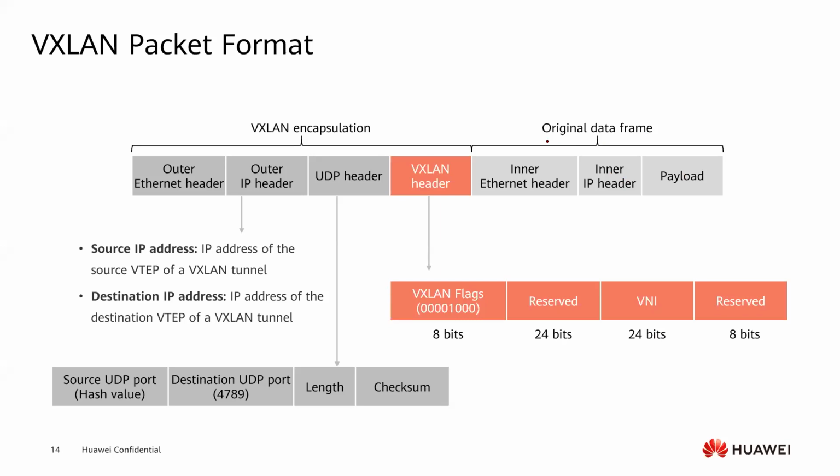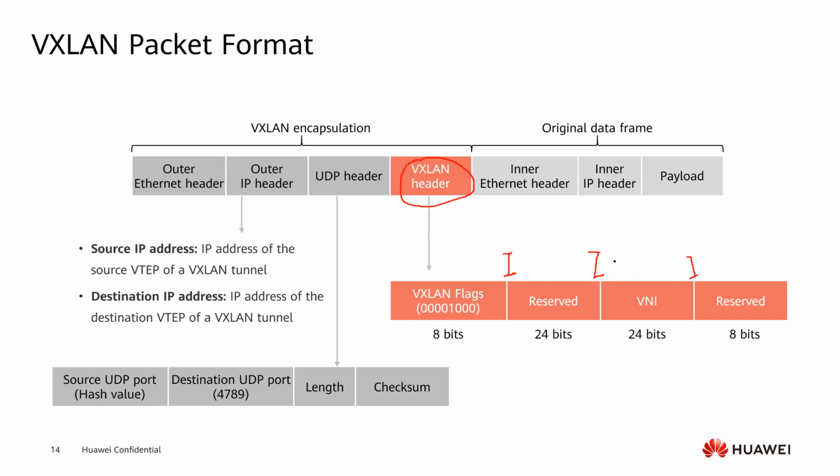The original data frame is encapsulated into the VXLAN header. The VXLAN header has the VXLAN flags, a reserved part, and a part we call the VNI, and after the VNI, another reserved part.